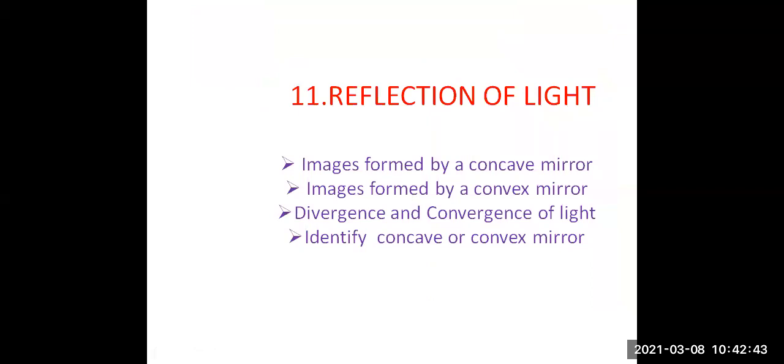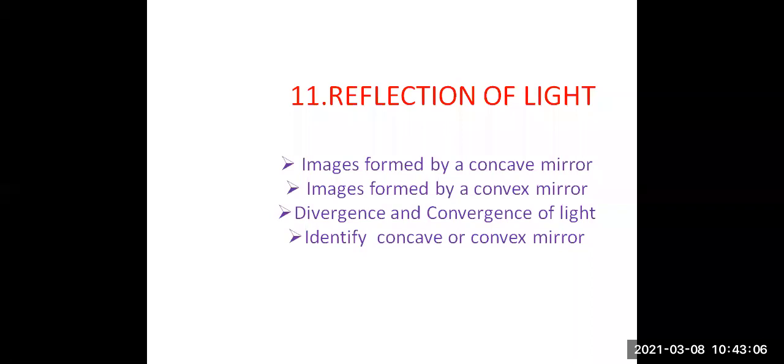Coming back towards our interesting topic, that is the reflection of light. This is our third session. We have learned many of the concepts, and today we are going to learn some new concepts on the basis of the previous one. So first we are going to see how images are formed by a concave mirror.